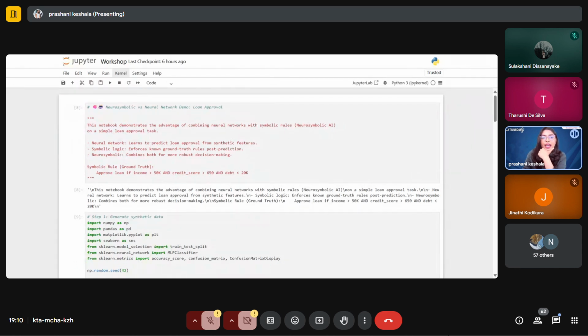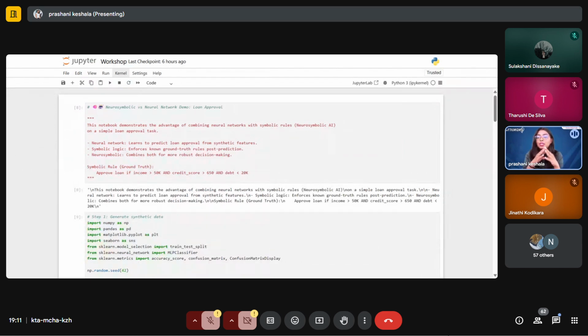When it comes to loan approvals, if you are just creating a neural network, you're going to give it approved information and rejected information. That means you give it data of people who were approved based on certain features, and rejected based on other features.